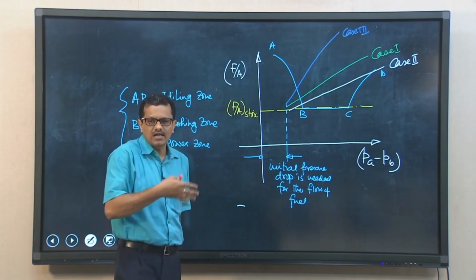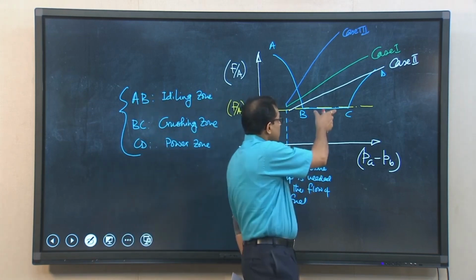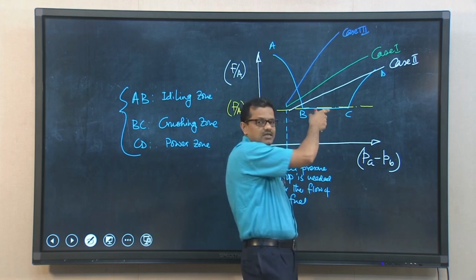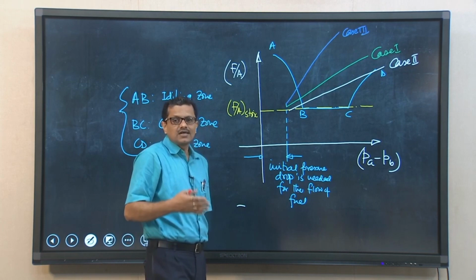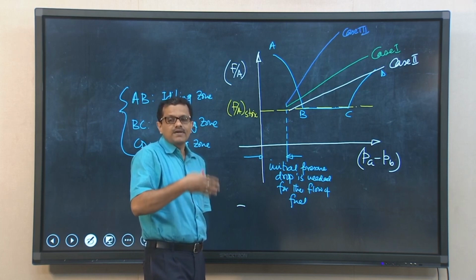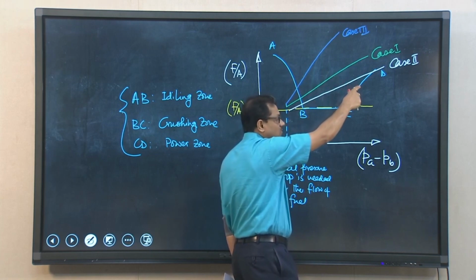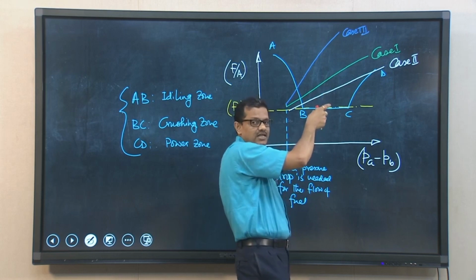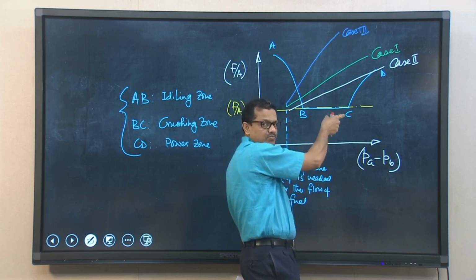Most of the time the engine should run in this zone, that is the most economy, I mean we get the best economy of the fuel. So, basically this is the zone in which the engine should run most of the time, and you can see that whether the carburetor is designed or adjusted to supply satisfactory fuel air ratio either during the idling zone or during the power zone, in both cases we can see the equivalence ratio, that is the fuel air actual by the fuel air stoichiometric, is slightly higher than the requirement, right.